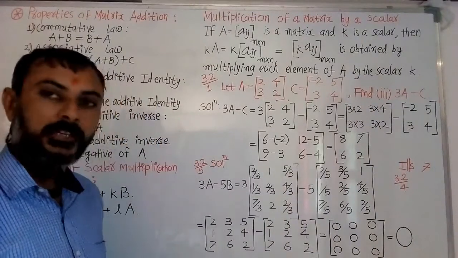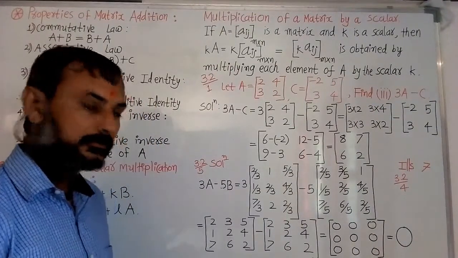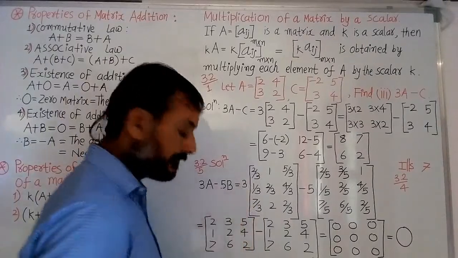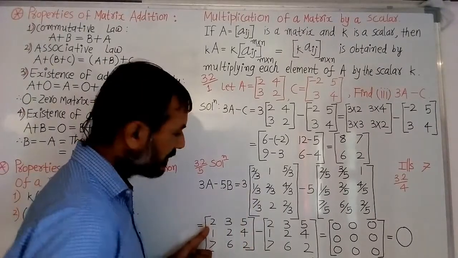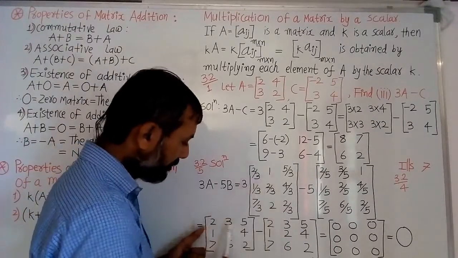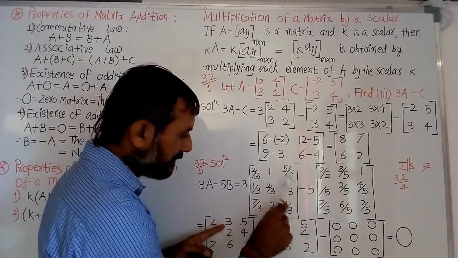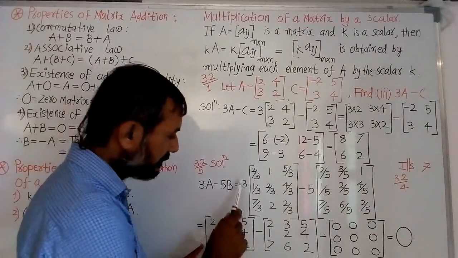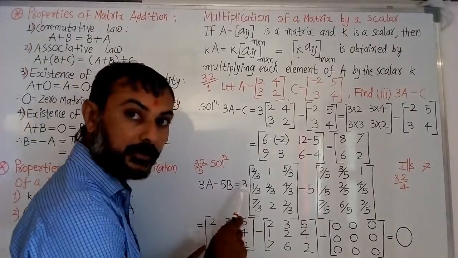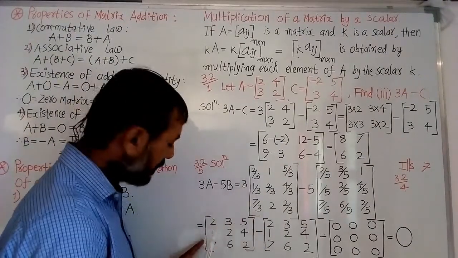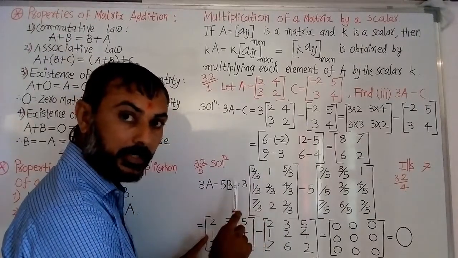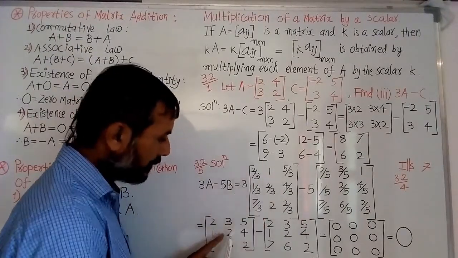So what happens when you multiply all by 3? This is 2 by 3, when we multiply by 3 we get 2. This 3 ones are 3. 5 by 3 into 3, the 3s cut, 5 remains. 1 by 3 into 3, the 3s cut, 1 remains. Here 2 by 3, the 3s cut, 2 remains.